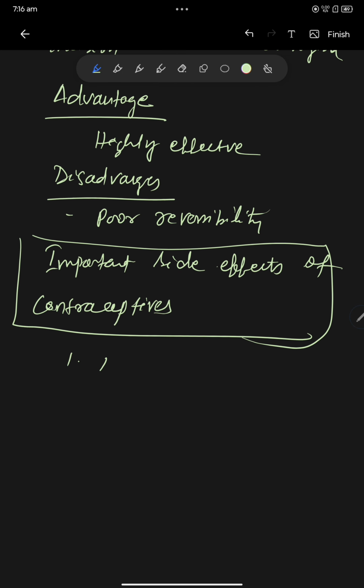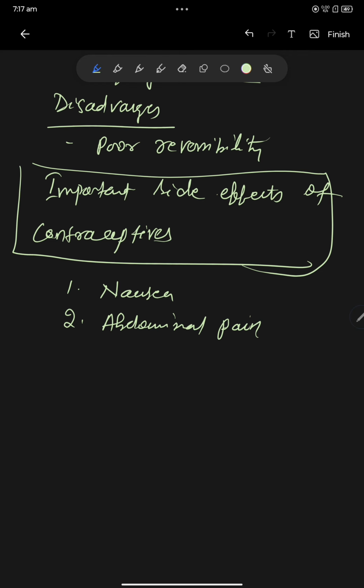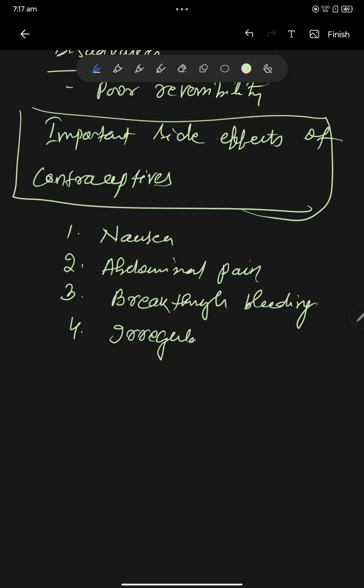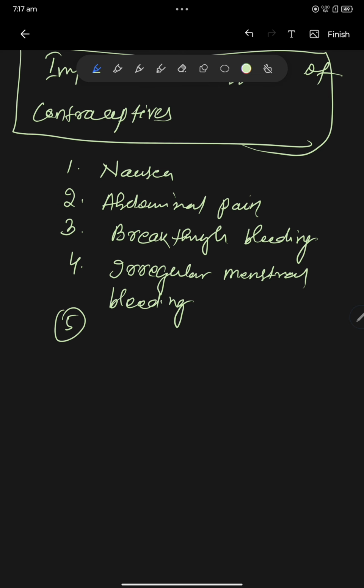It includes nausea, abdominal pain, breakthrough bleeding, then irregular menstrual bleeding, and the fifth one is the rarest one, but it may also occur: breast cancer.